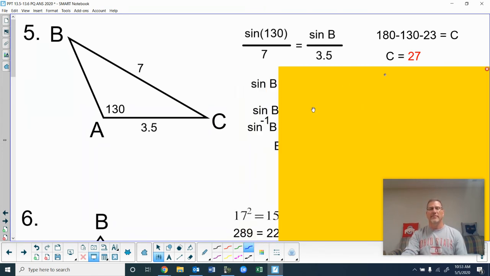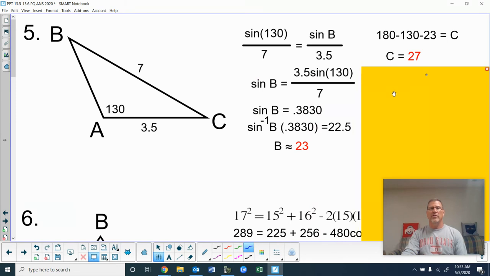So there's all the work. Cross multiply and divide. We get 0.3830 for our sine of B. So remember, inverse sine or second sine, second answer, gives us a 22.5. So angle B would be 23, rounding it to the nearest whole number.